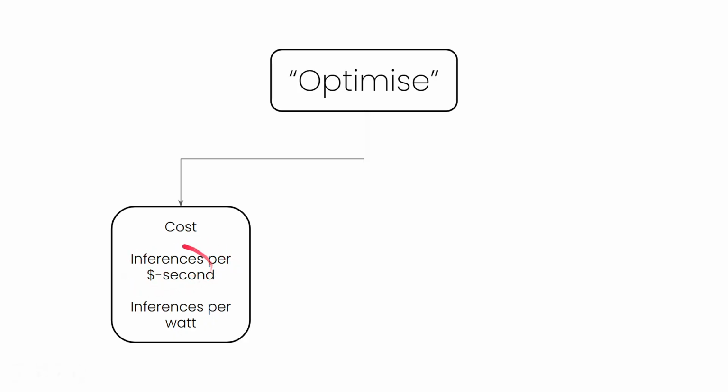So how much are you paying for? What's the bang you get for your buck? But similarly, you can also measure the cost in watts of energy use, because at the end of the day, the largest cost after you've bought the chip, the GPU, TPU, whatever, is the running cost of keeping the energy going.